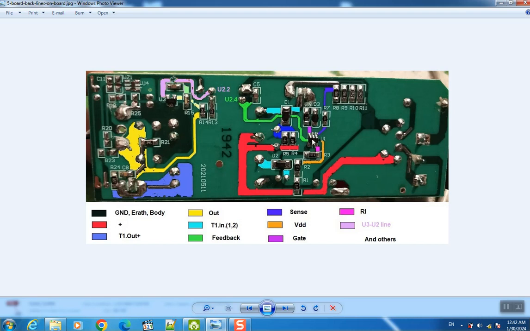This line, which comes to the unit 1, T1 input 1 and 2. Second of these ones, gate.